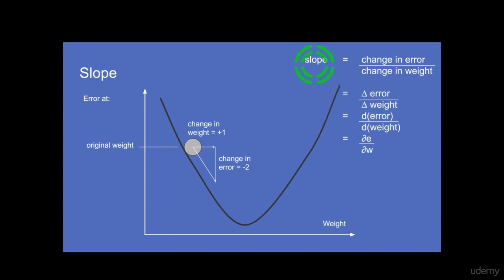And we can also say the slope is equal to the derivative of E with respect to W. In this case, we added 1 to the weight, which made the error -2, which gave us a slope value of -2.